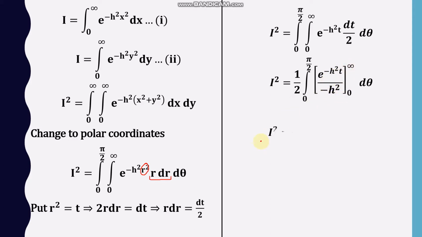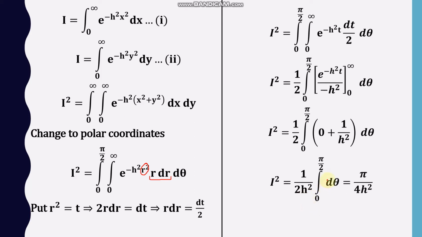So 1 by 2, when you put infinity here, it will become 0, and when you put 0, it will become minus 1 upon h square. Minus will become plus 1 upon h square. Now the integral reduces to 1 upon 2 h square d theta. Integration of 1 d theta is just theta, and limits are from 0 to pi by 2.